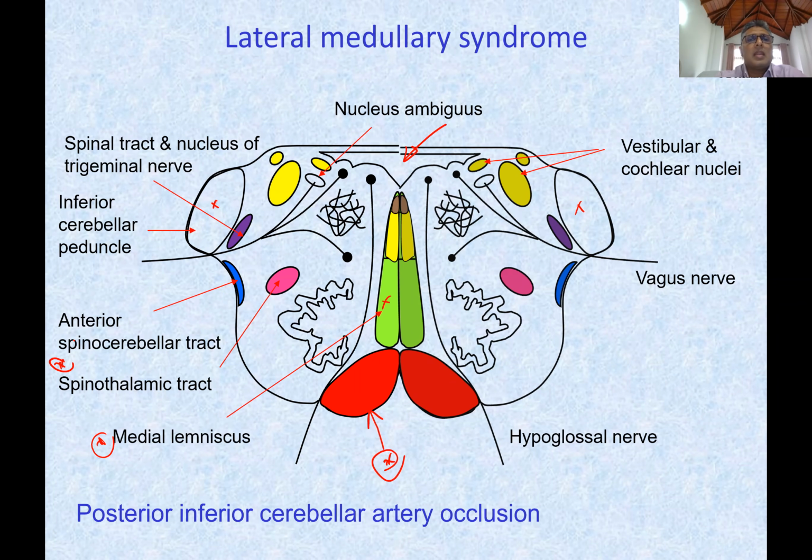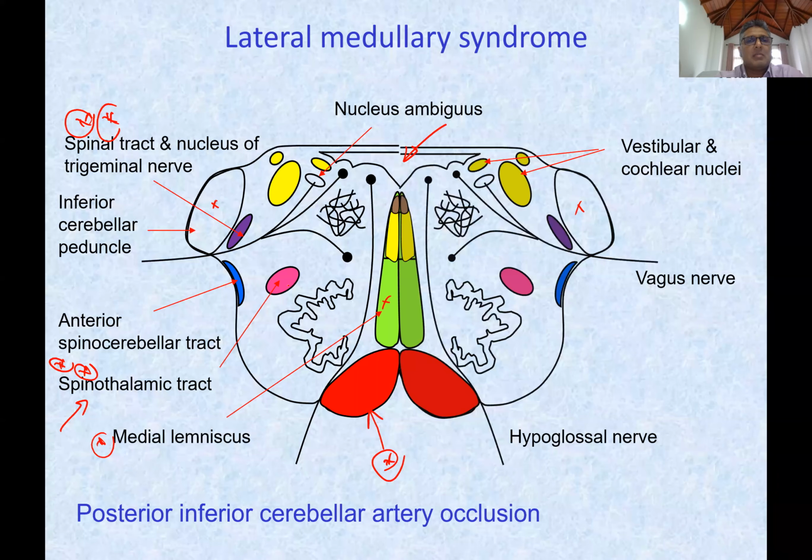Then you have the spinal tract and nucleus of the trigeminal nerve. You haven't done the trigeminal nerve yet. From the trunk and limbs, you get pain and temperature through the spinothalamic tracts. From the face, you get it from the trigeminal tract and the nucleus. But these ones are crossed ones.